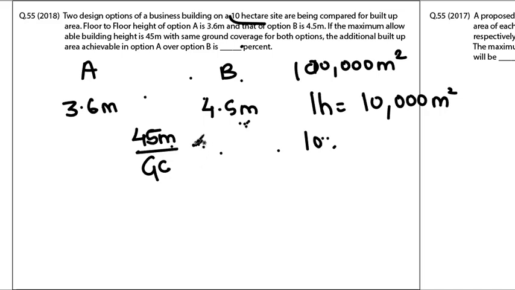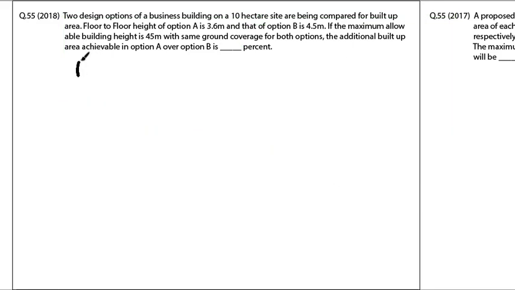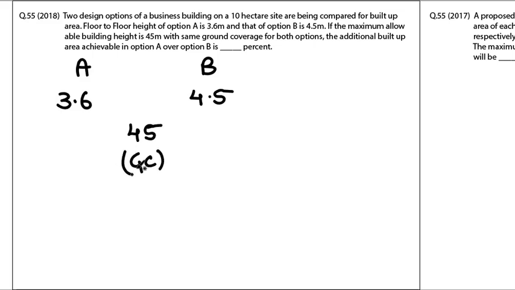So the additional built up area which will be available in option A over option B, let's write it clearly. A, B, floor to floor height is 3.6, 4.5, maximum height given is 45, ground coverage is same in both the cases. So first we have to calculate the number of floors. For the number of floors we will divide the total building height by the floor to floor height.